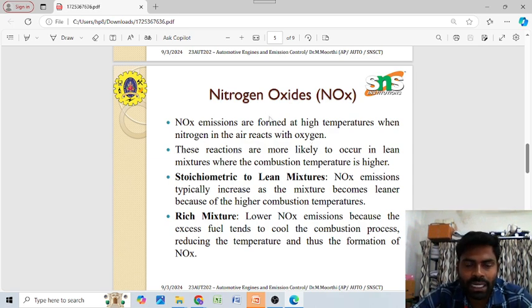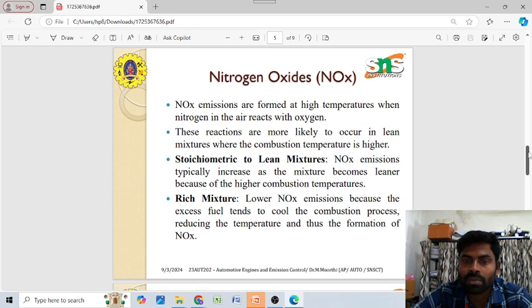So nitrogen oxide is generally produced in the combustion chamber during the combustion process because of the extreme generation of temperature inside the combustion chamber. While we are burning the fuel, the air fuel mixture is supplied into the combustion chamber.